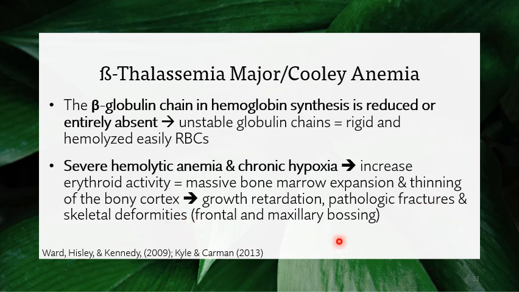In patients with beta thalassemia major, or Cooley anemia, we can see that the frontal bone and the maxillary bone will be projected out, or bossing. That's because the body is trying to make more red blood cells by expanding each bone that it can use to make red blood cells.